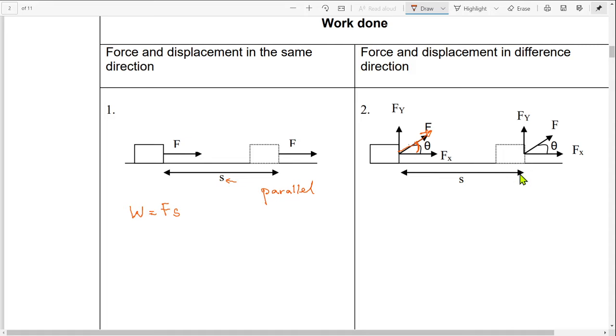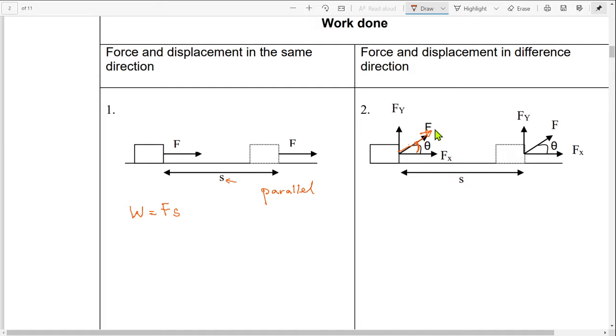Therefore, I need to find the horizontal component of this force. So we have to resolve this force into the horizontal component and the vertical component, but we don't look at the vertical component because it's not doing anything. What is moving the box is the horizontal component of the force.